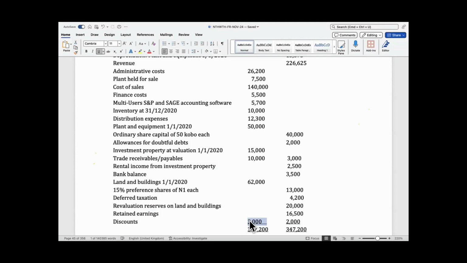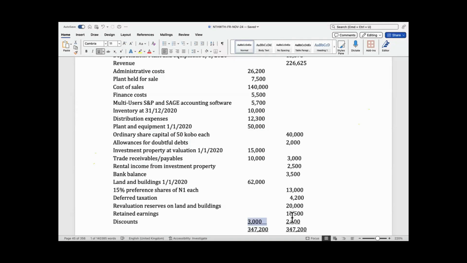No, we don't remove it. Discount is an expense. Yes, in fact, that discount here is even an expense. Purchases too is an expense, so you cannot even remove it. So discount allowed is an expense on us.